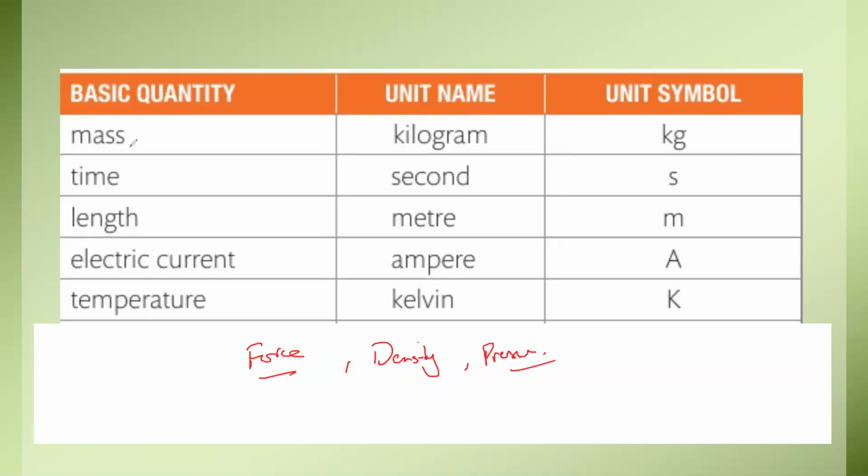Now we can relate the base quantities and the derived quantities by the unit, and these units are known as the base units. The units which relate the derived quantities and the base quantities, we call the base units. Example, say we want to write the base unit of force.